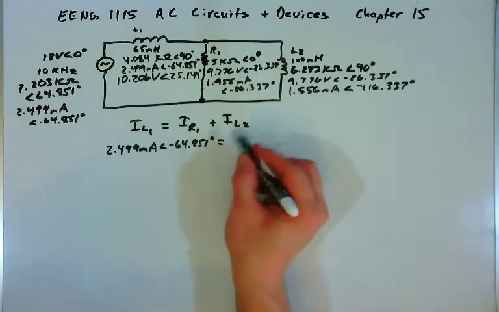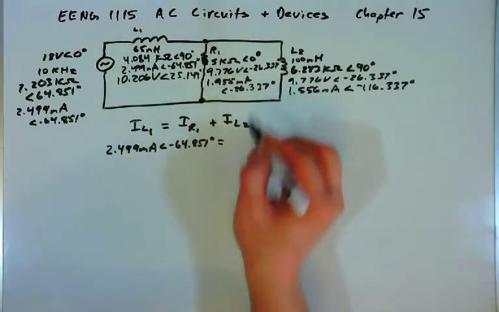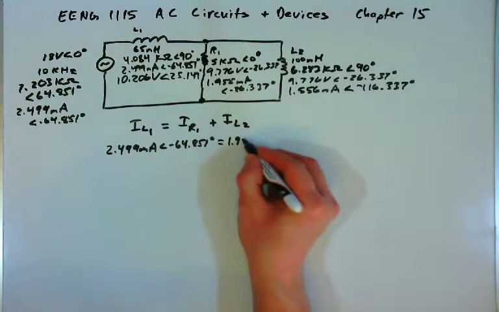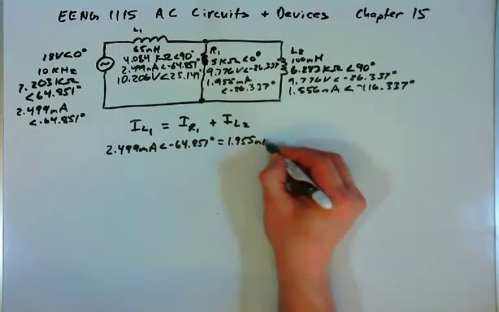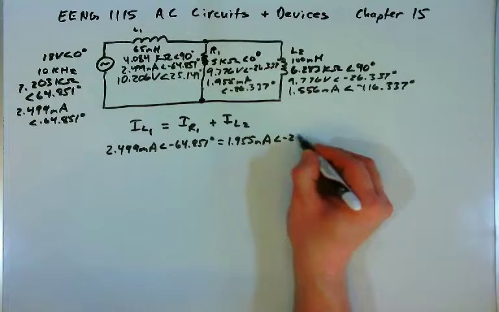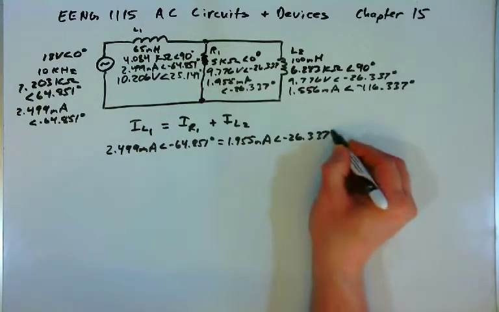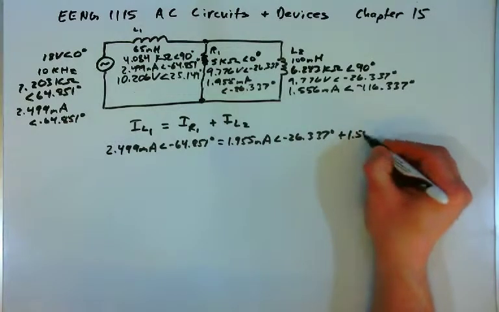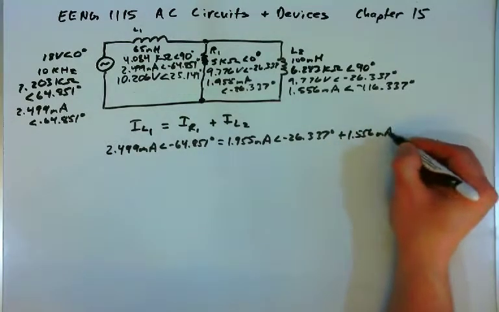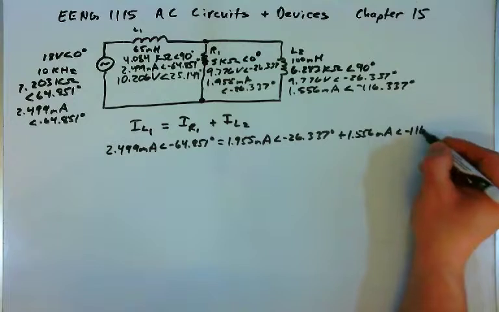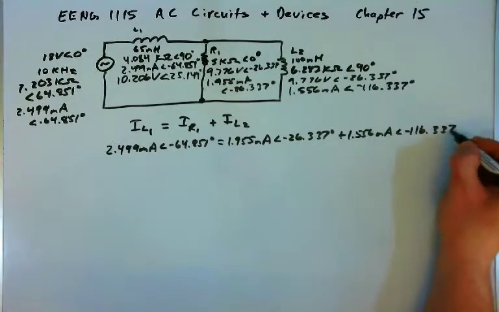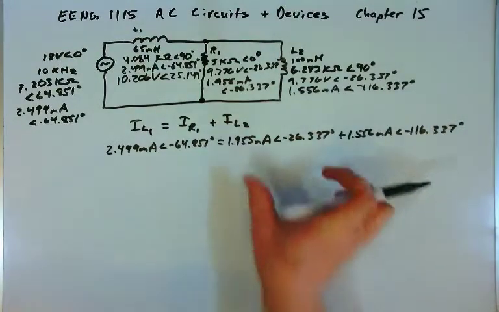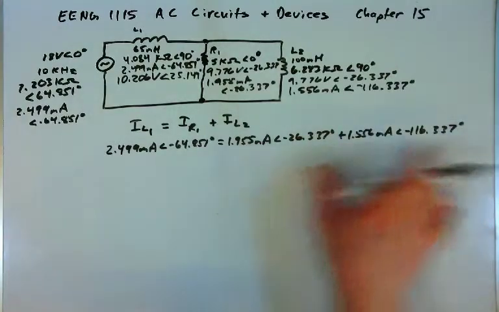That's the current through L1. This should be equal to the current through R1, which is 1.955 milliamps at an angle of negative 26.337 degrees, plus the current through L2, which is 1.556 milliamps at an angle of negative 116.337 degrees. So I need to add these two together to check our answer.